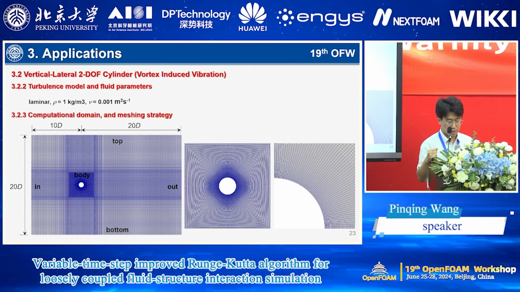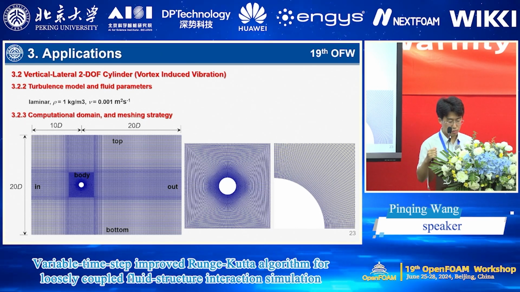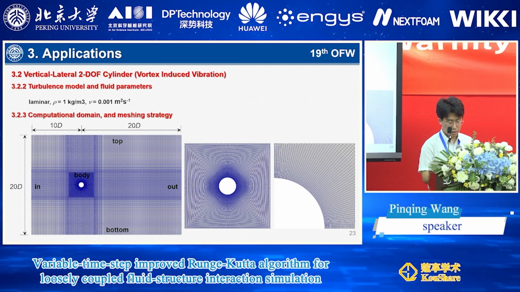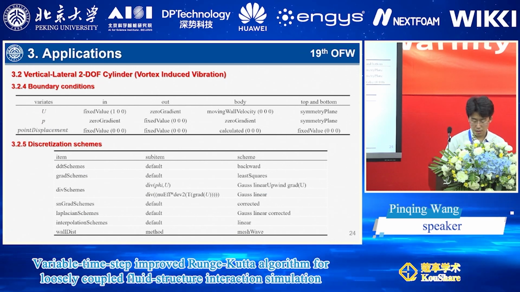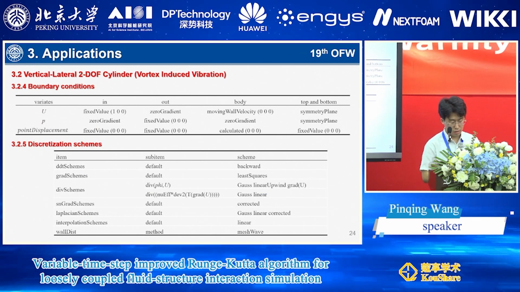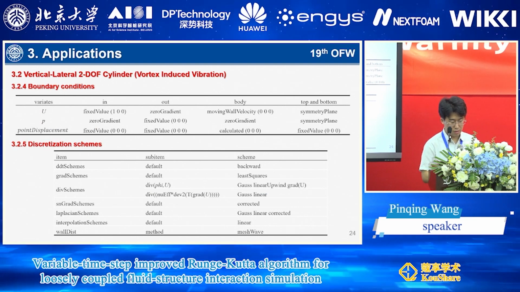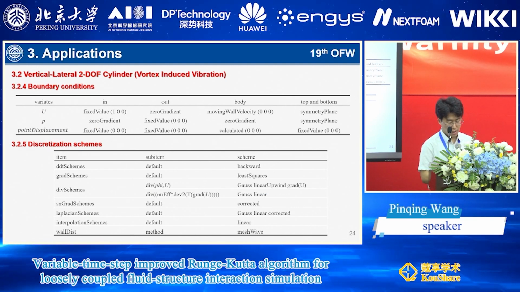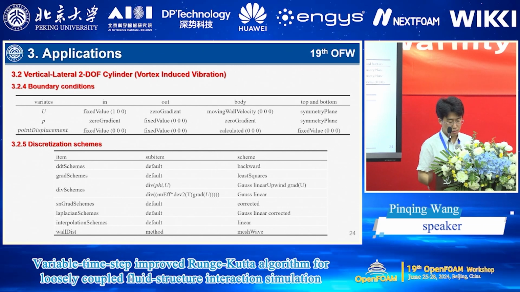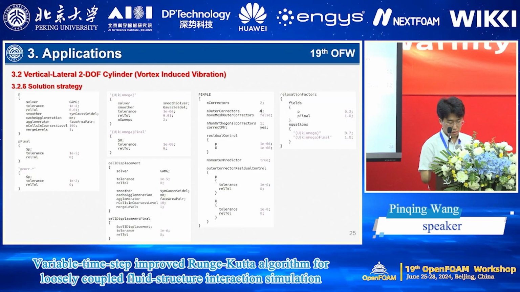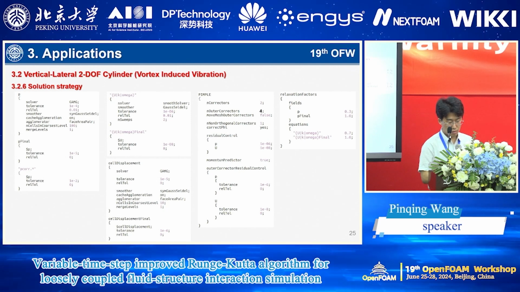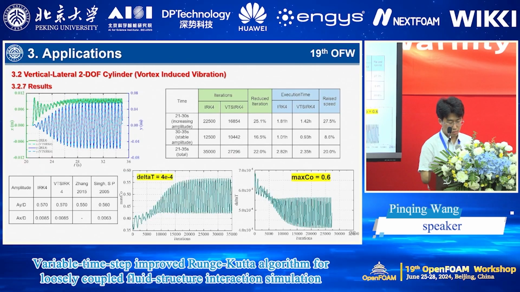The computational domain and the mesh are shown here. We also use 2D simulations. The boundary conditions and discretization schemes are much simpler. The accuracy is also second order, and no limiter is used. For this problem, the outer correctors is set as 4.